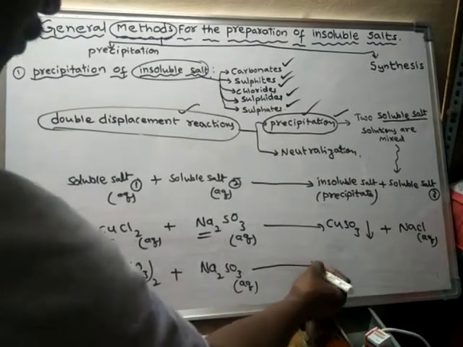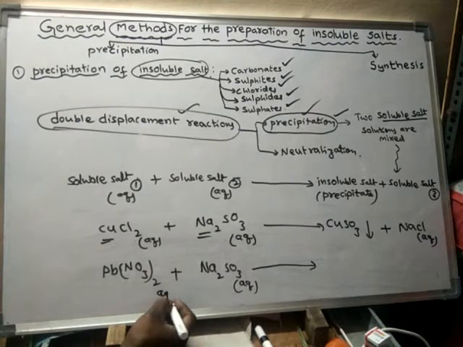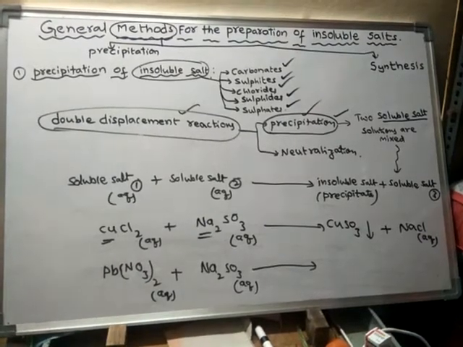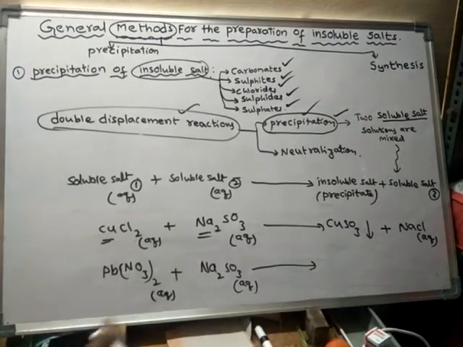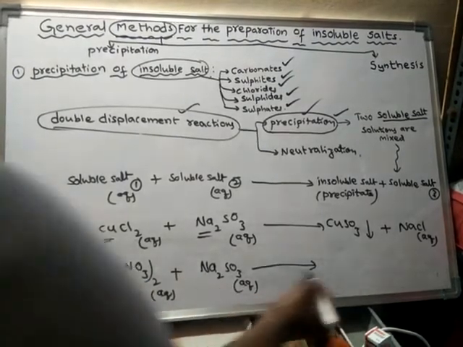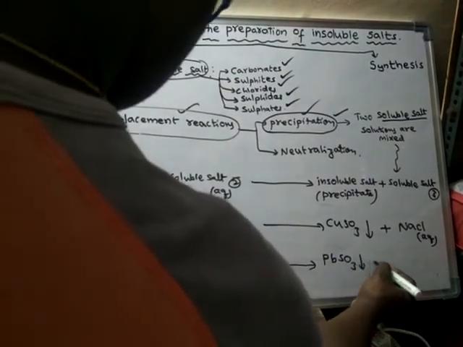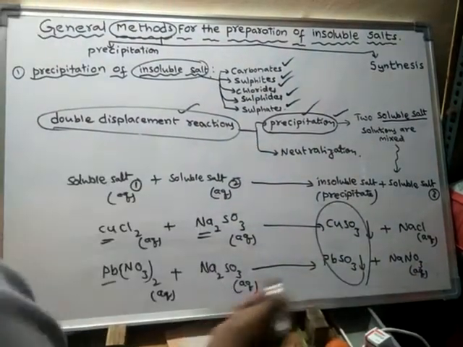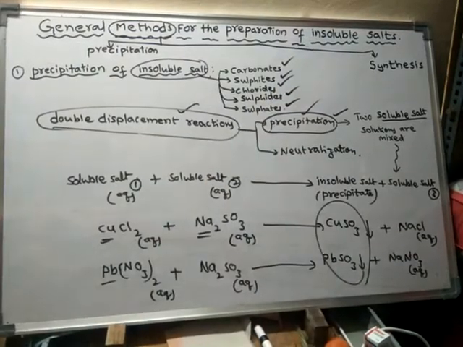If the aqueous solutions of these two are mixed, a reaction takes place. So it forms lead sulfite, which is insoluble, and sodium nitrate, which is a soluble salt. So in this way, sulfite salts, copper sulfite, lead sulfite, can be prepared by this method.